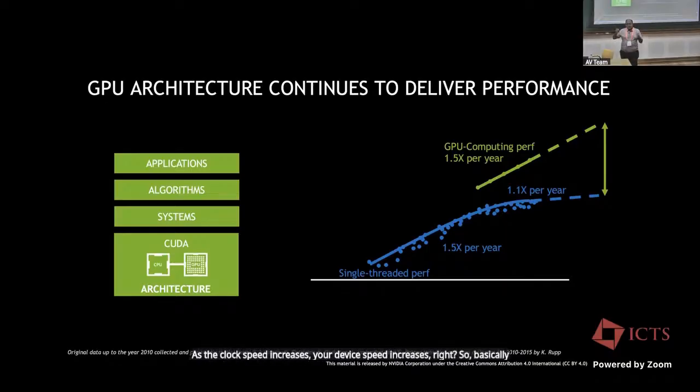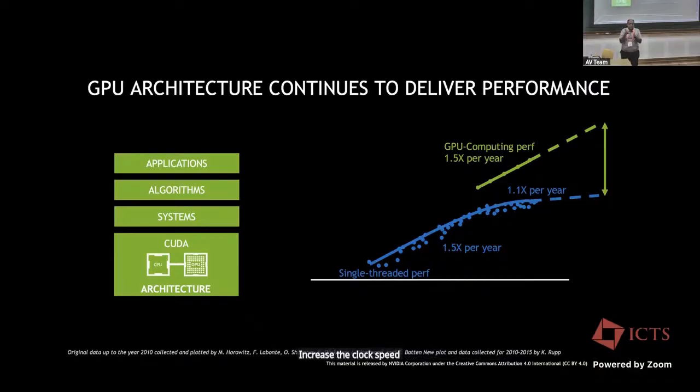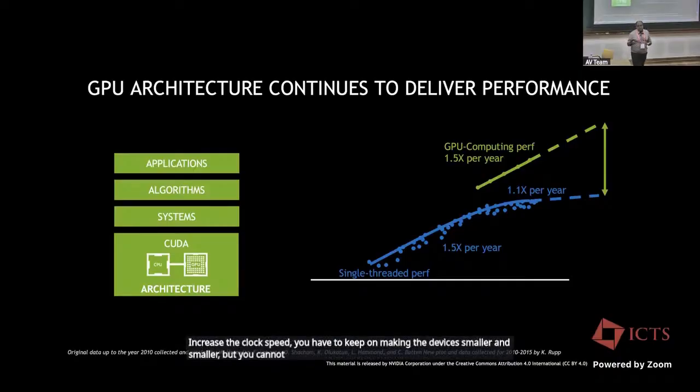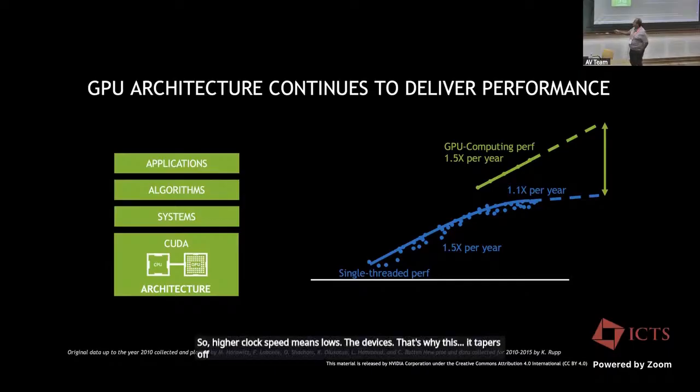Essentially, to increase the clock speed, you have to keep on making the devices smaller and smaller, but you cannot make them further smaller. You cannot go to 4 nanometers or even less, okay? So higher clock speed is limited by the device size. That's why it tapers off here.